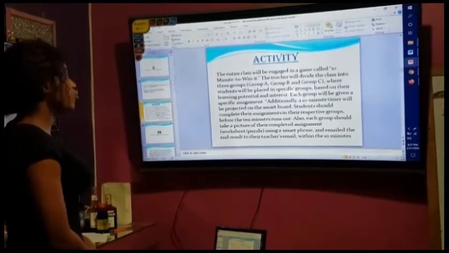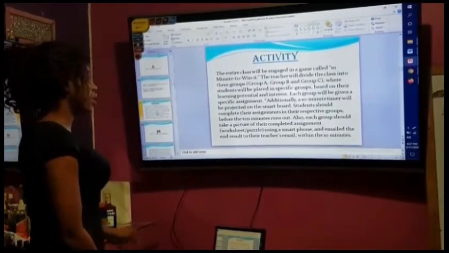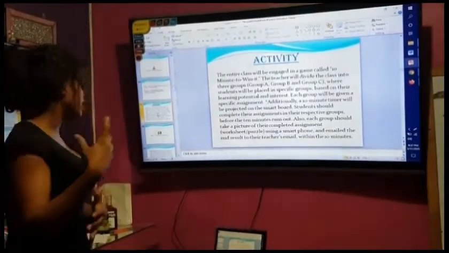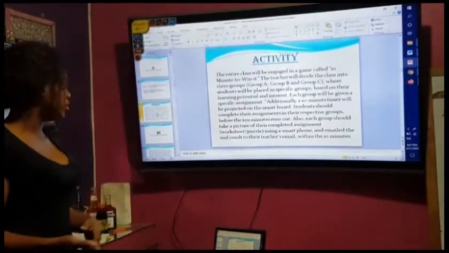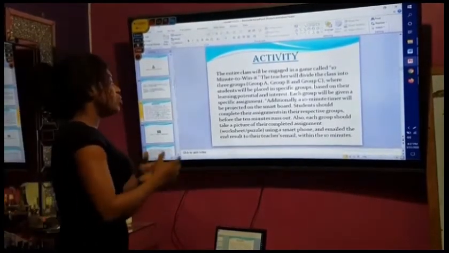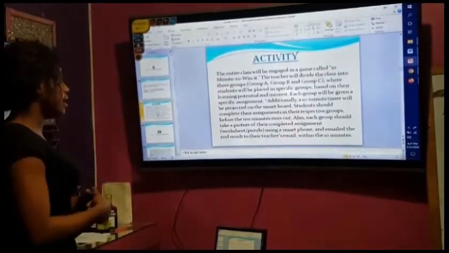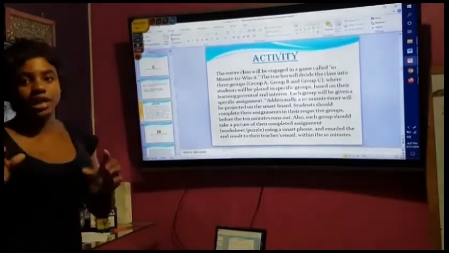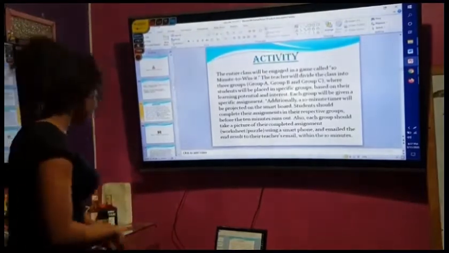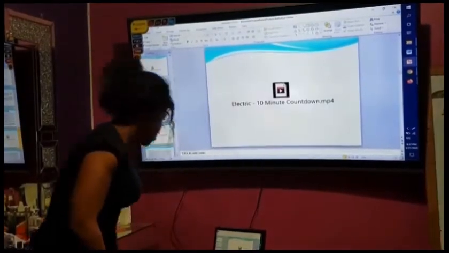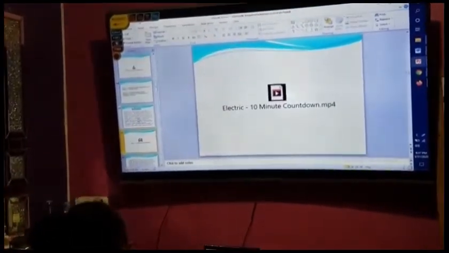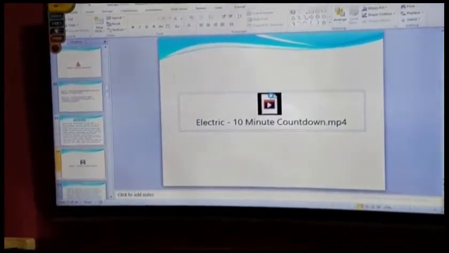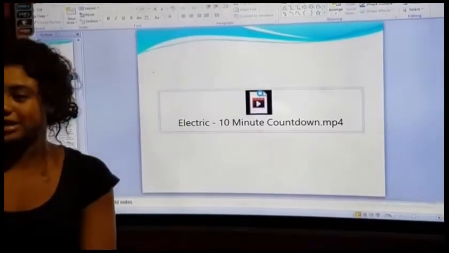Also, each group should take a picture of their completed assignment, which will be in the form of either a worksheet or a puzzle, and use their smartphones to email the end result to their teacher's email within the 10 minutes. Okay? So the 10 minutes starts now. You have 10 minutes to do this assignment.